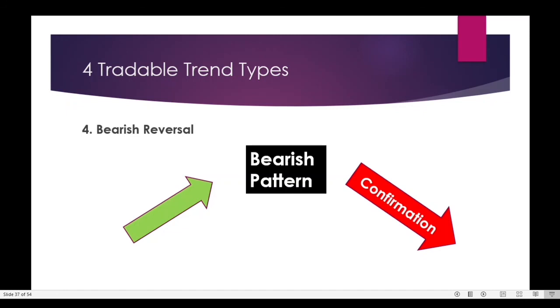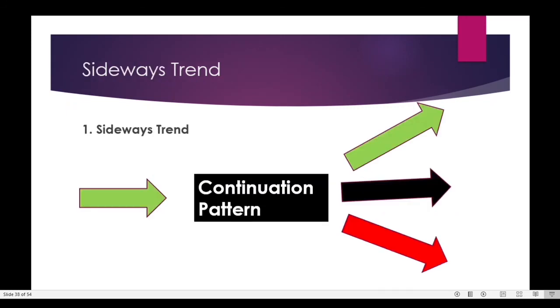All right. Now, this is the trend that we don't want any parts of. This is called the sideways trend. Remember, I identified 4 trends that we like. This is the 5th trend. We don't want this trend. We don't want any parts of the sideways trend. All right. Because a stock can be trading sideways.